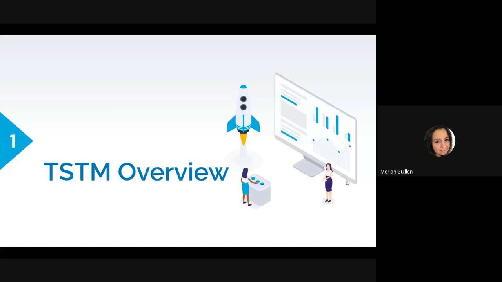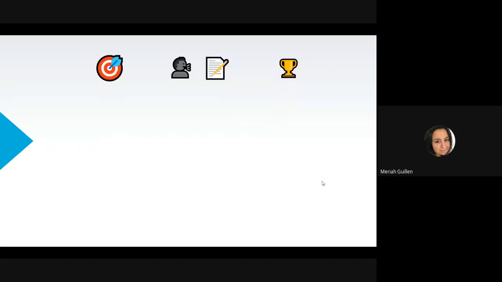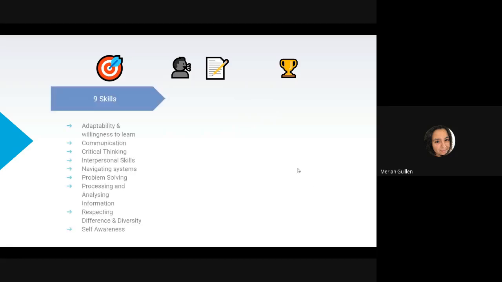So before we actually jump into using the tools and whatnot, what exactly is TSTM? I'm going to go over a quick overview. I know I didn't write it and I probably should have, but TSTM is Teaching Skills That Matter. The whole point of the TSTM project was to encourage teachers to begin teaching the actual skills that are needed for students to become successful, not only as students, but as members of the community.